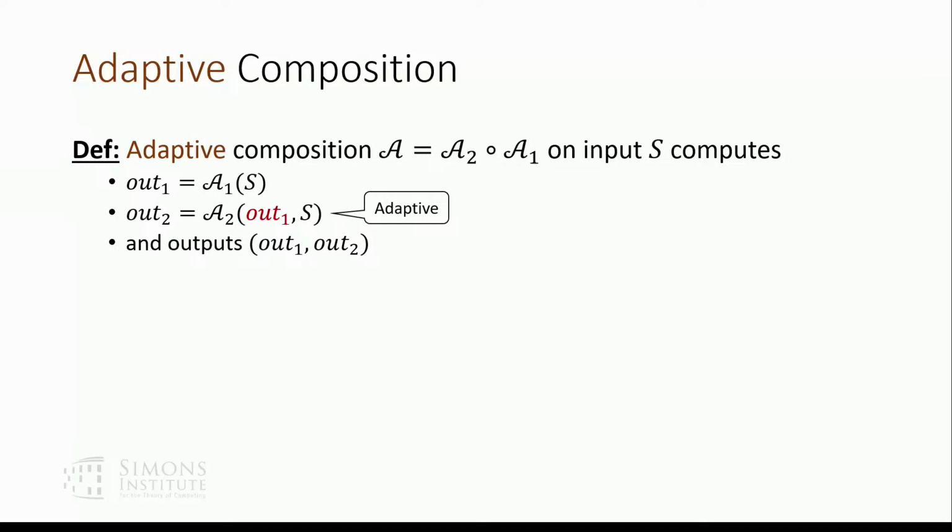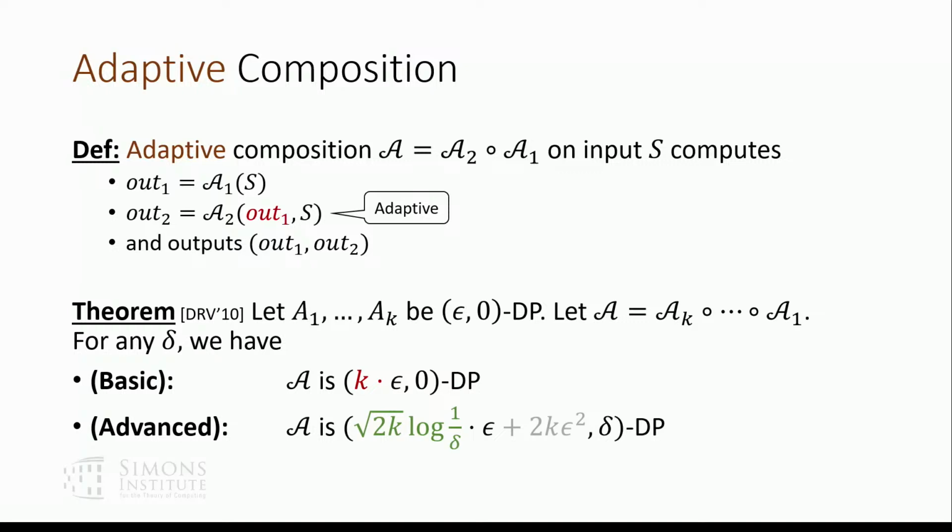This is why it's adaptive: A2 also looks at the output from A1. And A just outputs both outputs. If A works like this, then we say that A is an adaptive composition of A2 and A1.